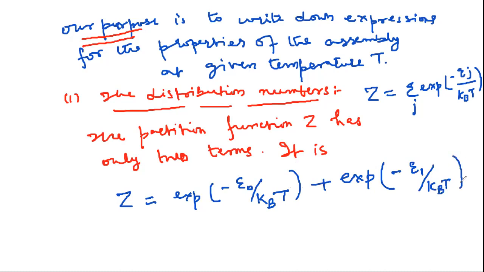This is my partition function. Exponential minus epsilon naught by kBT is the term corresponding to the ground state, j equal to 0, and exponential minus epsilon 1 by kBT corresponds to the first state, j equal to 1. We can make adjustments in it and we can write it this way.